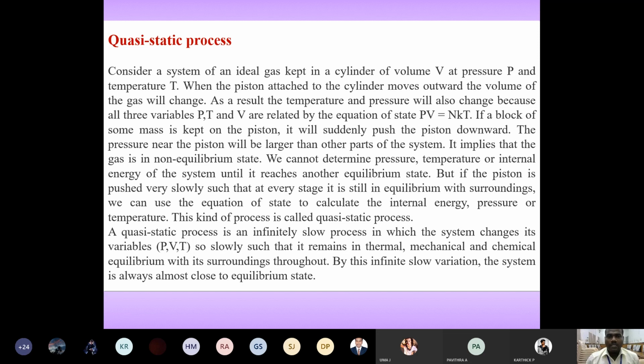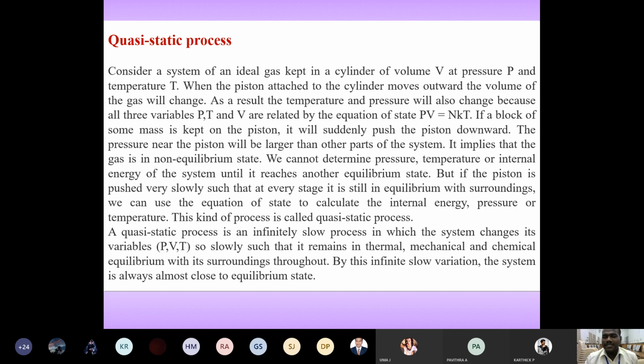If a block of some mass is kept on the piston, it will suddenly push the piston downward. So if suddenly we place a weight over the piston, it will suddenly push the piston downwards. The pressure near the piston will be larger than the other parts of the system, right?